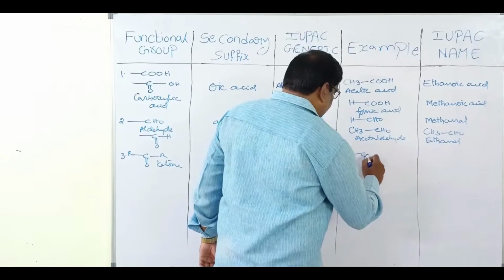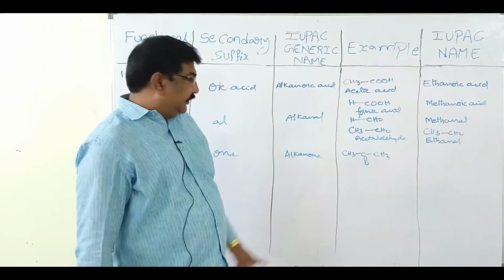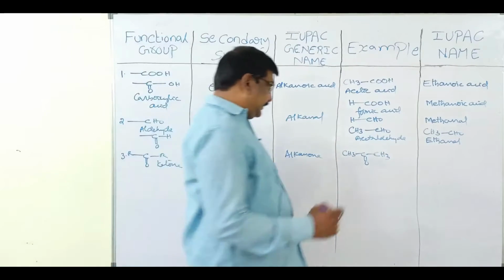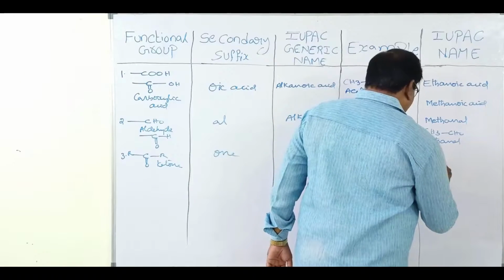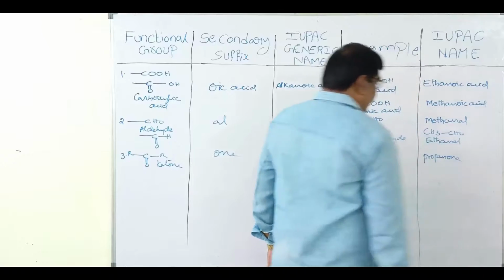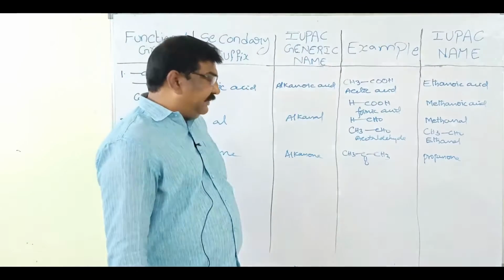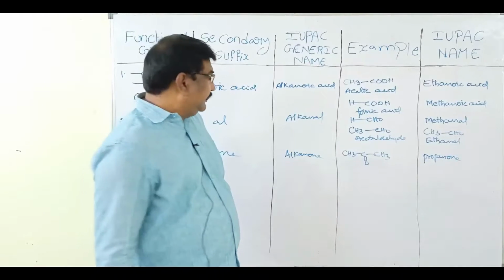This ketone is commonly known as acetone. There are three carbons. Write the alkane name propane, and write one in place of E. Now its name is propanone.